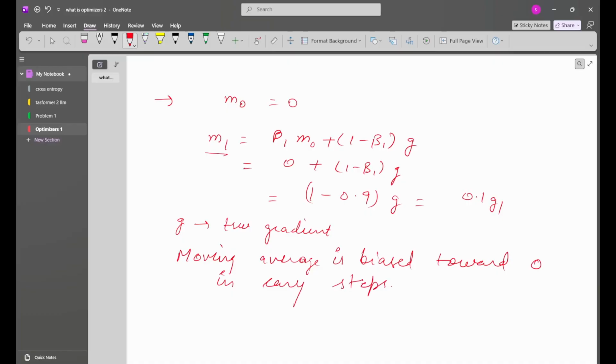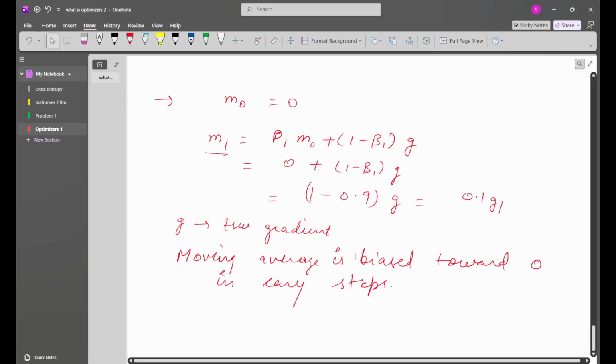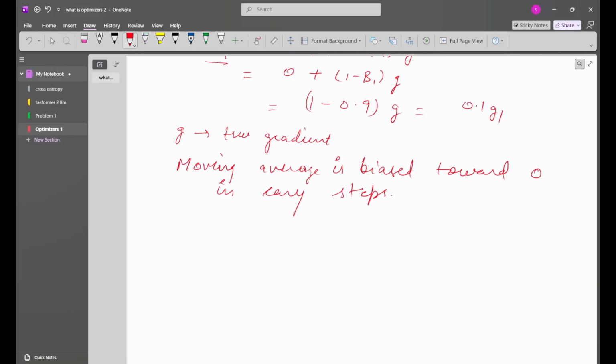The same happens for v t, the second moment. This is called initialization bias, and the model takes many steps to gain speed. That's why we are using this bias correction. This bias correction fixes the underestimation.